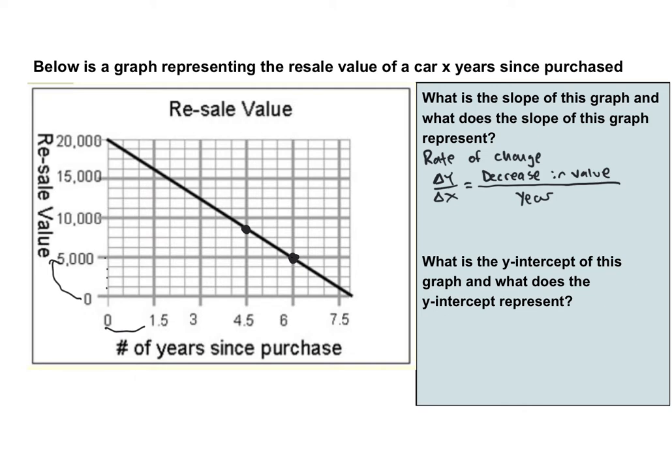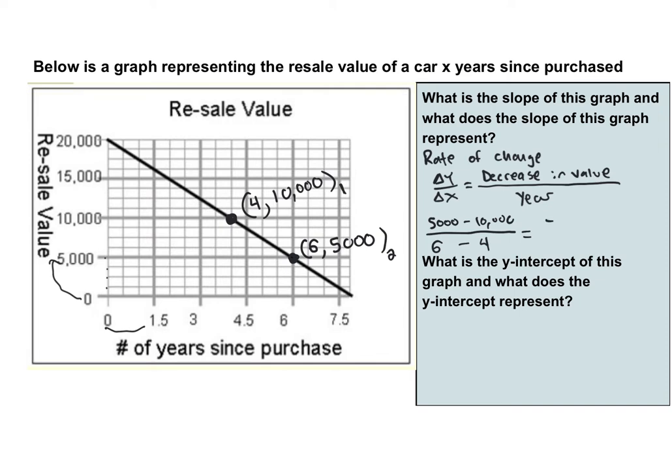You can pick any 2 points. I'm going to write them out, and upon doing that I actually changed points, but now I have these 2 points: 6, 5,000 and 4, 10,000. Then I can use my slope formula to calculate my slope. I'll call this point sub 2 and this point sub 1, and I would say 5,000 minus 10,000 over 6 minus 4.